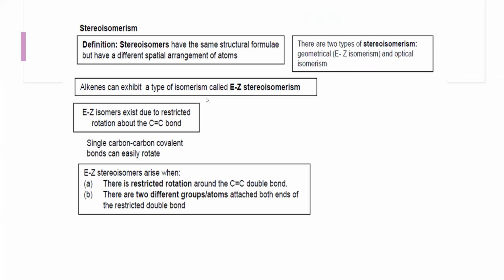Then another type of isomerism is known as stereoisomerism, as you already studied this part, like geometrical isomerism. So the same structural formula, but a different arrangement of the atoms.